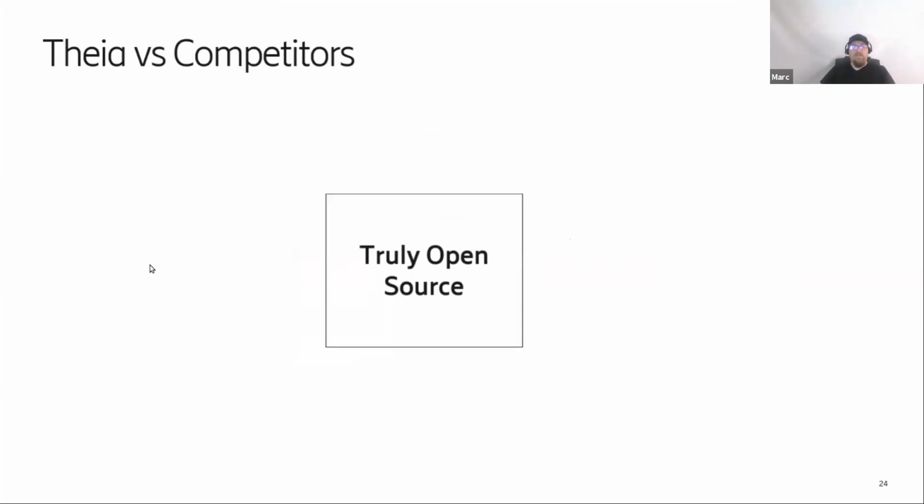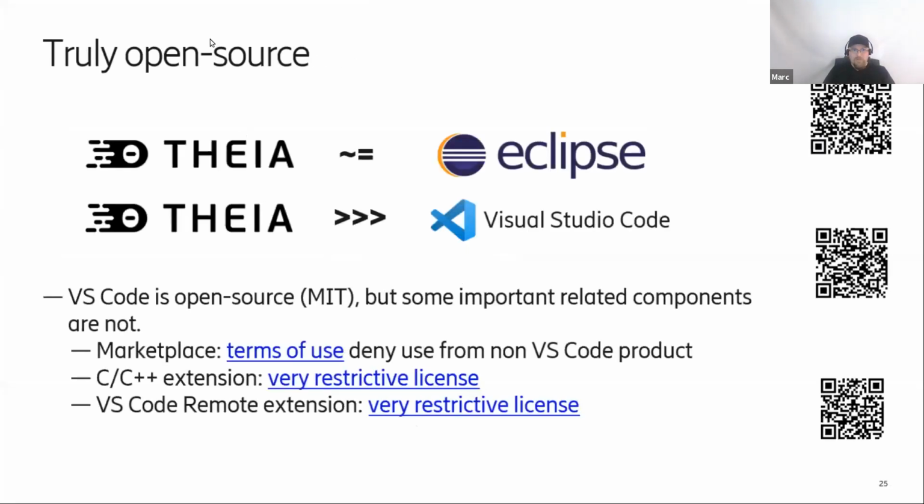Here is the fifth category that I was mentioning earlier that is very, very important and almost taken for granted as an Eclipse Foundation project because this is what we're used to: being truly fully open source. I mentioned VS Code earlier that has an MIT license repo. So because of that, it seems like it is open source. But well, I would argue it is not truly fully open source. From that perspective, Theia, I would say, is about equivalent to the classic Eclipse platform, at least.